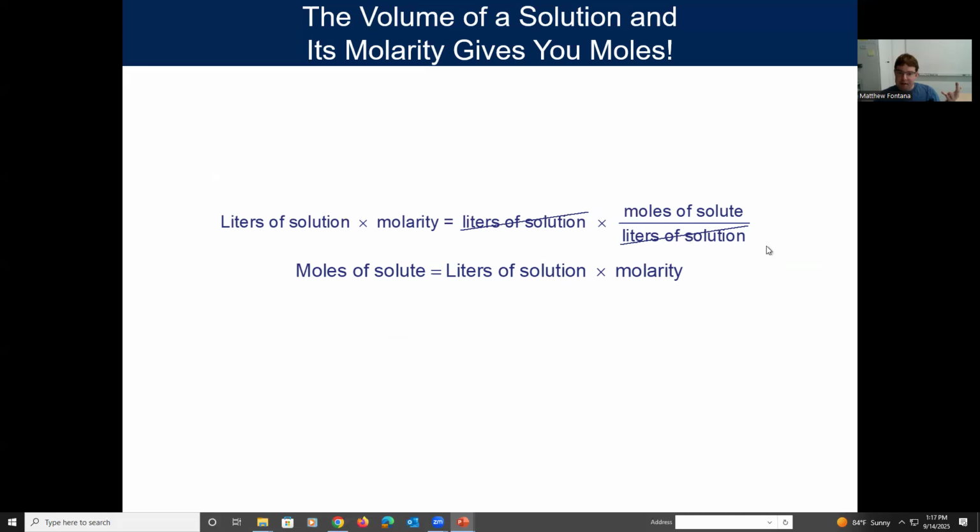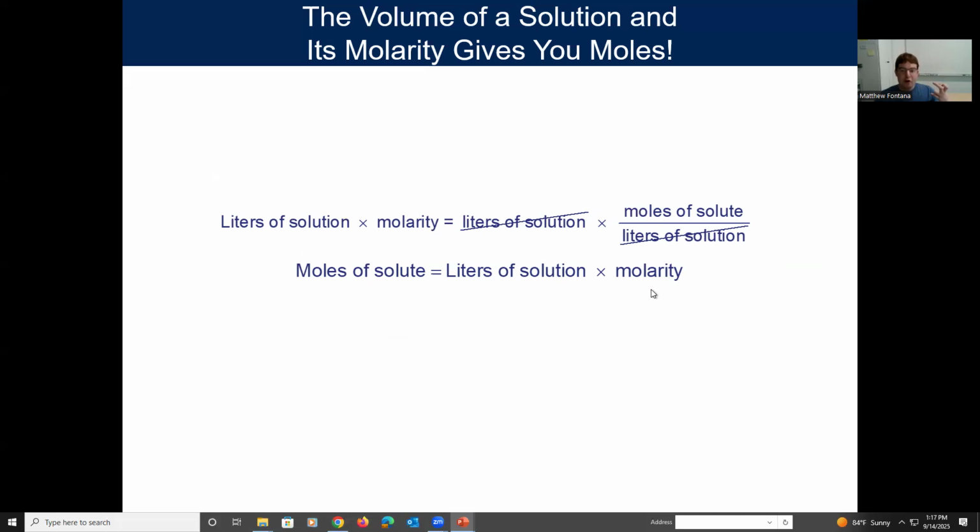So when you write the molarity like this, what you can notice is the liters of solution and the liters of solution will cancel, and then you'll be left with moles of solute. And so you now have moles of solute is equal to molarity times liters of solution. And if we write that a little bit differently, moles of solute is equal to liters of solution times the molarity.